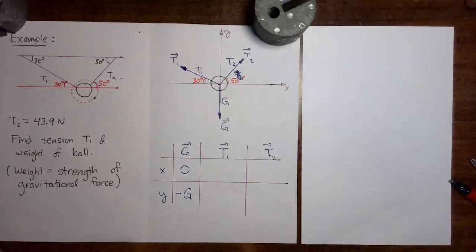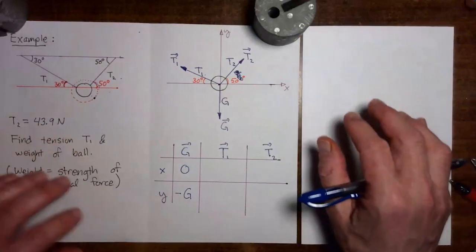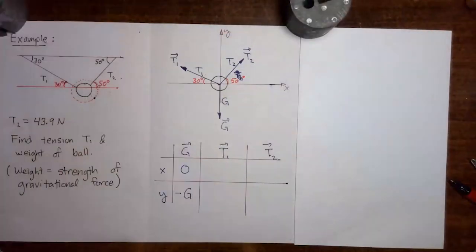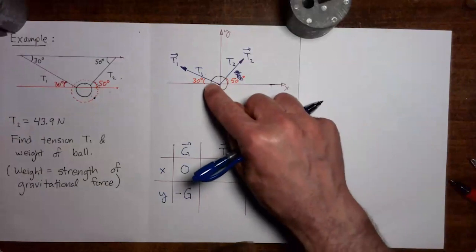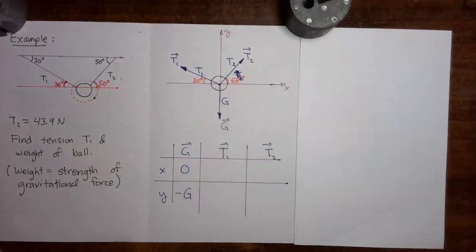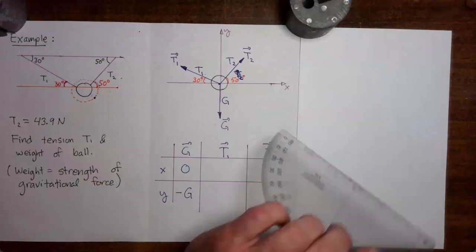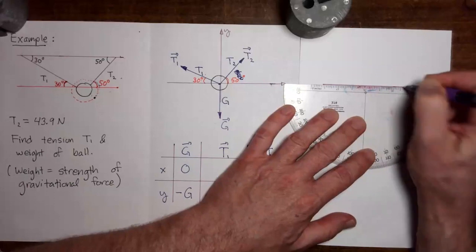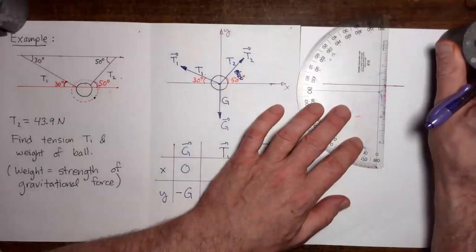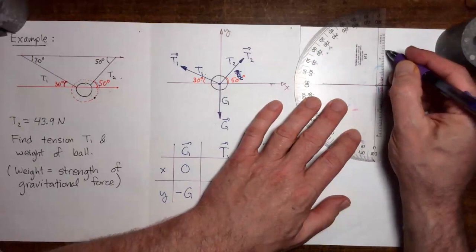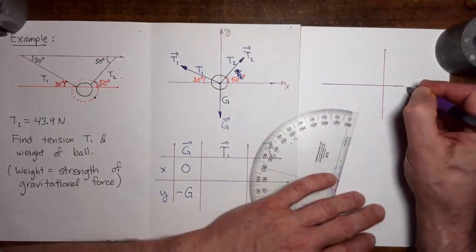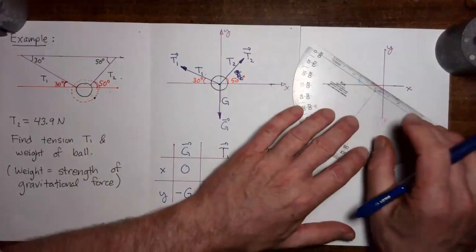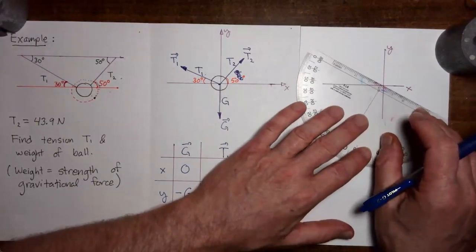Okay, so now let's go to the tension vectors. So I'm going to sketch out tension 1 over on the side here. I'm going to give the tension 1 vector its own set of axes. We're not going to do this thing where each vector gets its own set of axes every time. This is just for the time being as we start to develop the material. So I'm going to take tension vector 1.